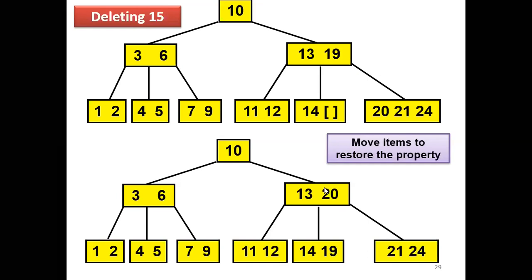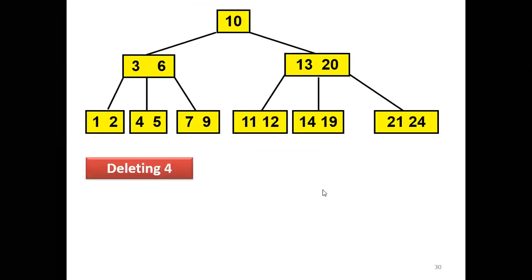The last one, I suppose, is 4. So we want to delete 4. On locating 4, we have 4 here. When we delete 4, we're going to have a hole here. And if we have a hole here, we can borrow from this place to make up this hole. But when we borrow from this place, we're going to have a data item leaving a hole here. So we can borrow from the neighboring successor node to make it 10 at this point.